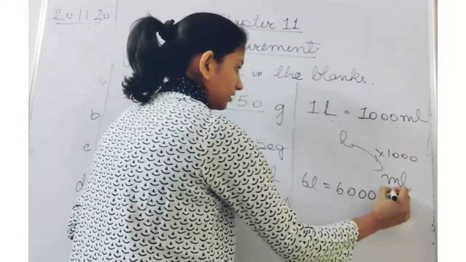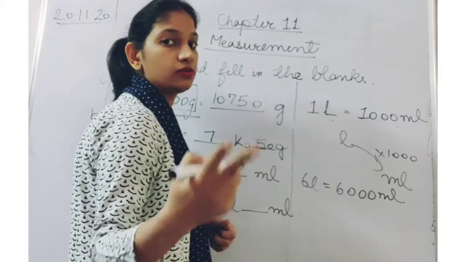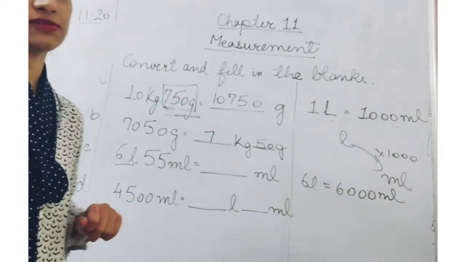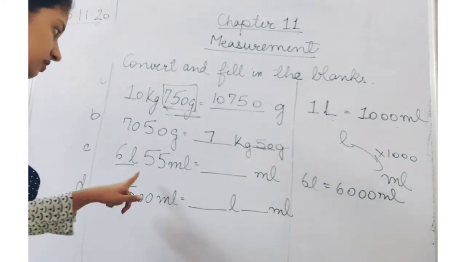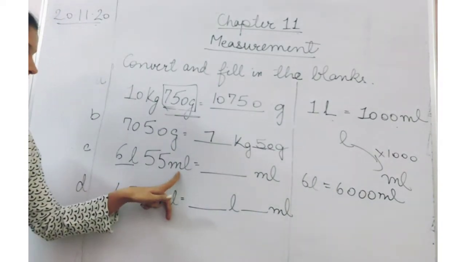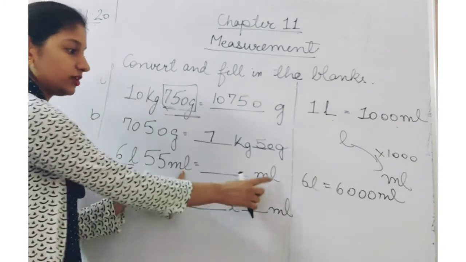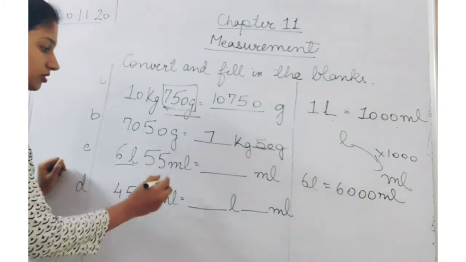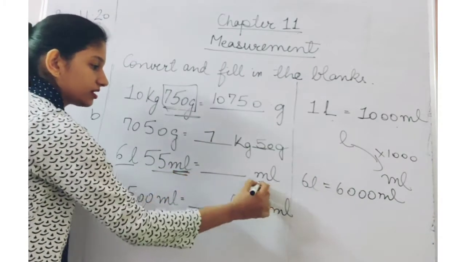1 liter, 1000 milliliter; 2 liter, 2000 milliliter; 3 liter, 3000, and so on. 6 liter will be equal to 6000 milliliter. We multiply it by 1000. And what about this? It is already in milliliters, so we do not need to convert it. We will just add it up, because it is already in milliliters and we need the answer in milliliters.